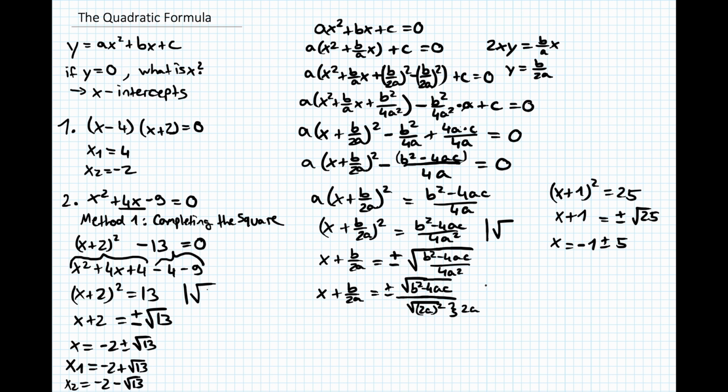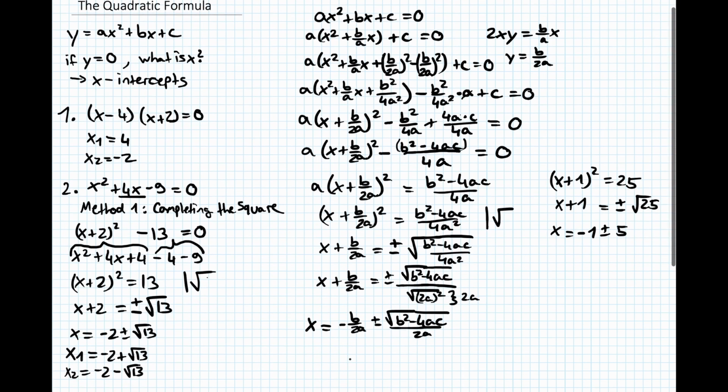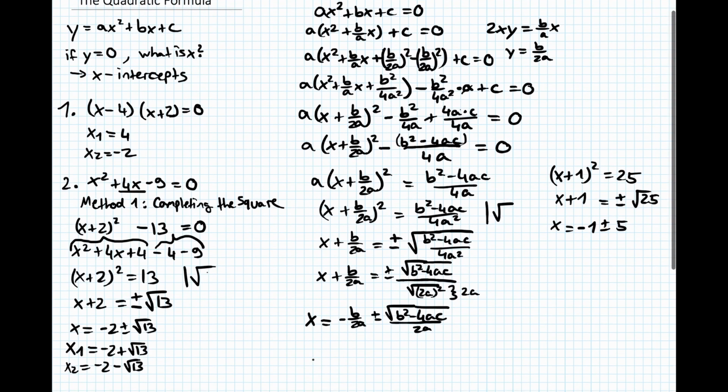Okay. Now on both sides we can subtract b over 2a to be left with x. So now x is equal to negative b over 2a plus minus square root of b squared minus 4ac over 2a, and as you notice both have the 2a here, so we can combine it to one expression, one fraction.